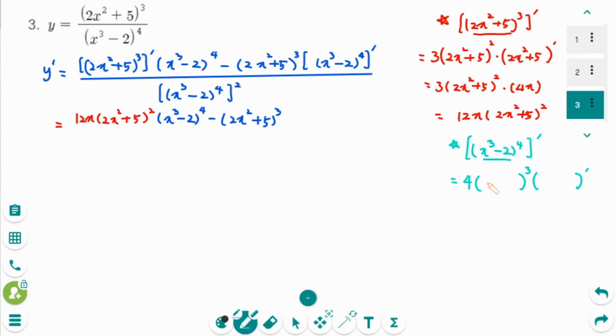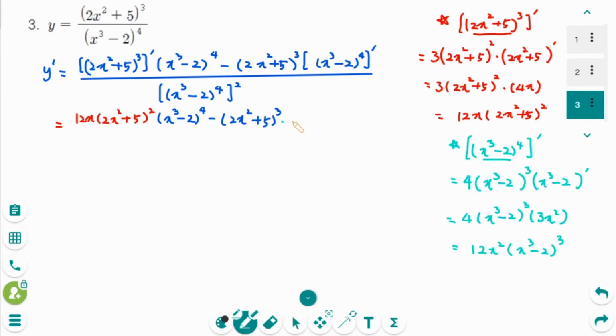Then keep the inner function, x³ − 2: 4 times (x³ − 2)³ times (x³ − 2)' which equals 3x². Then we can simplify to 12x² times (x³ − 2)³.